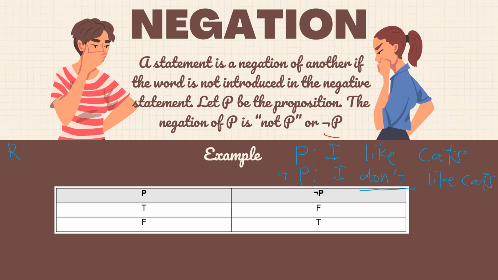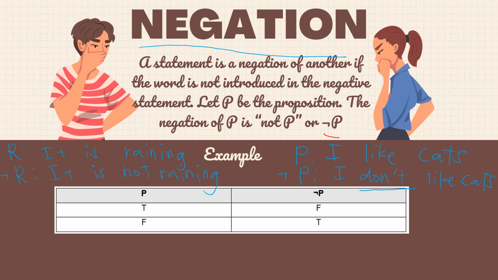We have proposition R. It is raining. If we negate that statement, not R will be it is not raining. Do you see the difference? So that's negation. You negate the original proposition.